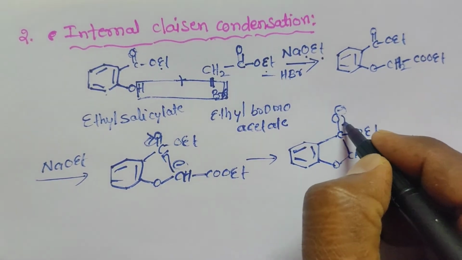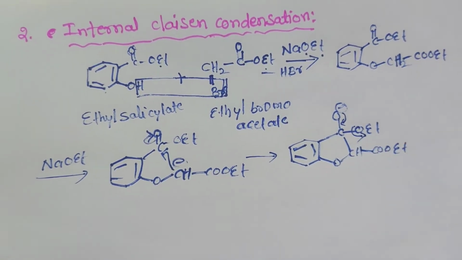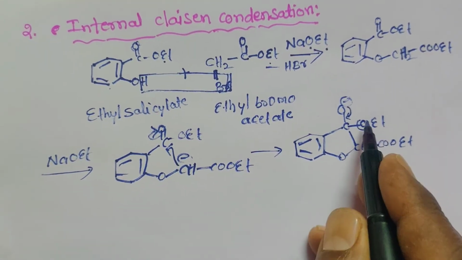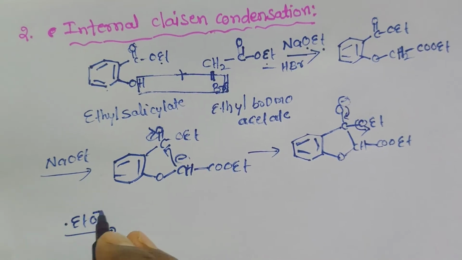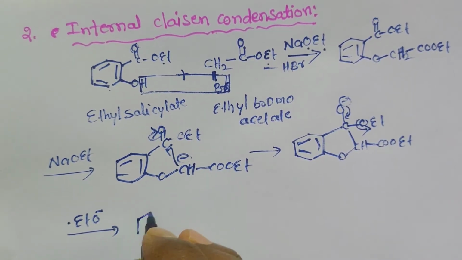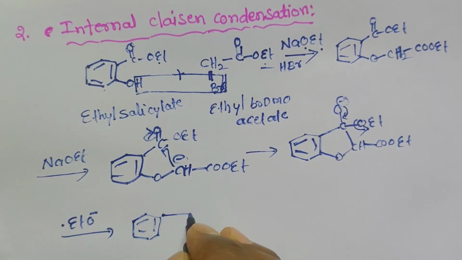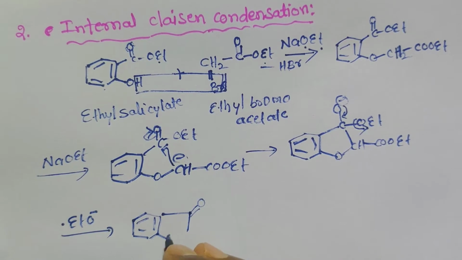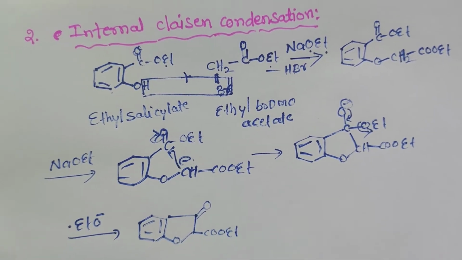Now this electron pair comes here again, and the ethoxy group goes outside easily. Ethoxy group is an easily leaving group. So this ethoxy group goes outside, and look here, we get the double bond O here, COOEt.